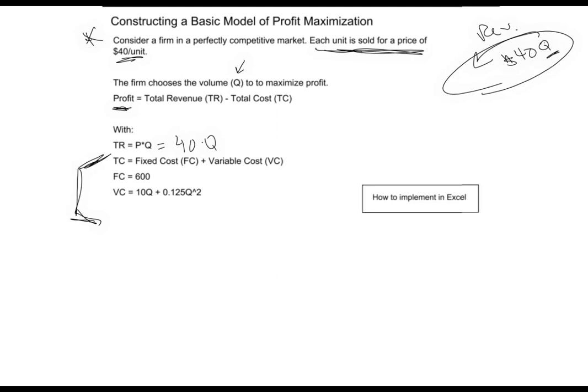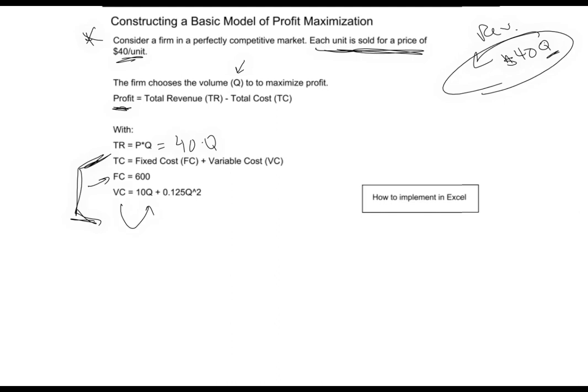All costs fall into 2 categories. They're either fixed or variable costs. Fixed costs are costs that are just a constant amount regardless of how much is produced. Let's assume that fixed costs are equal to $600. And then variable costs are those costs that change based on how much you produce. Variable costs are a function of the quantity that is produced.